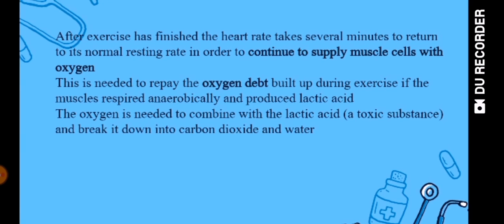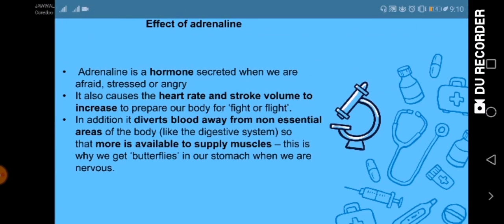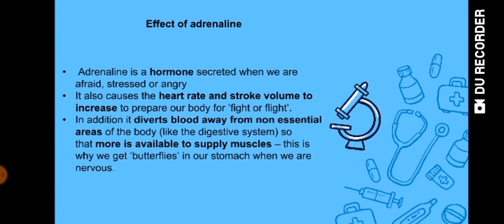When we want to run, we don't need blood to go to our digestive system. We need it to go to our muscles. So this hormone diverts blood away from non-essential areas so that more is available to supply muscles. This is why we get butterflies in our stomach when we are nervous.